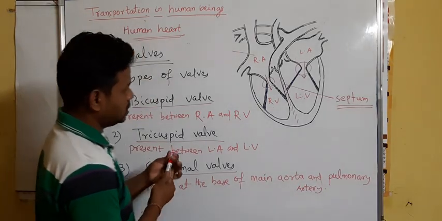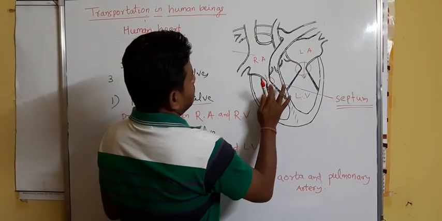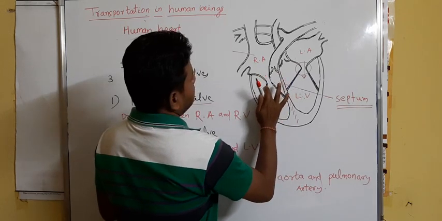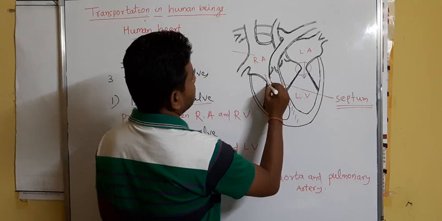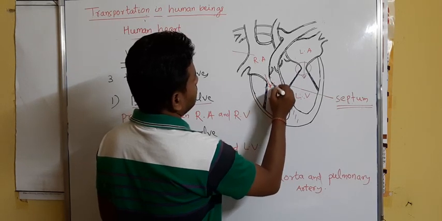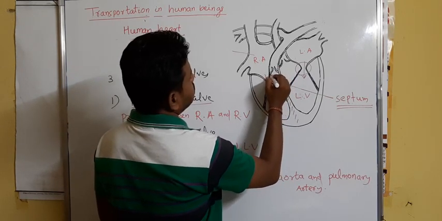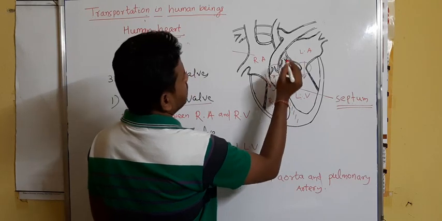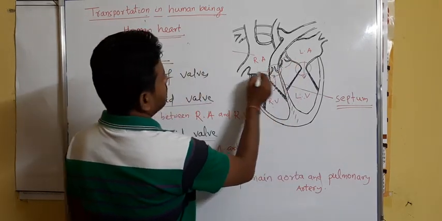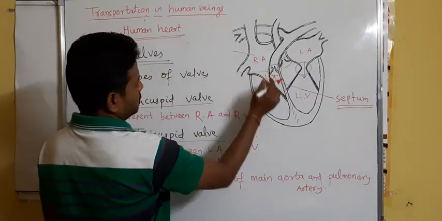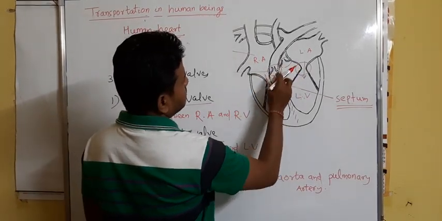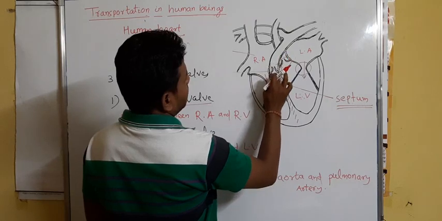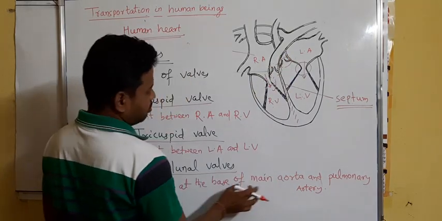You know that the blood, here you can see, when it moves to the right ventricle, it will go like this. So these two parts, you can see, are semilunar valves. Okay, so these valves are semilunar valves, which are present, as I told, at the main aorta.